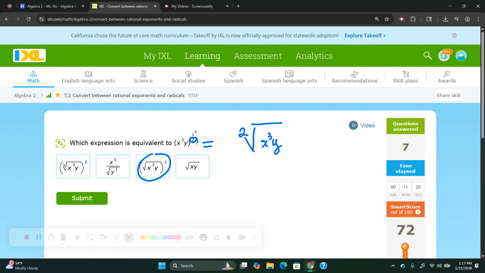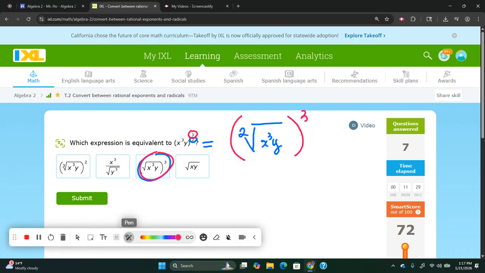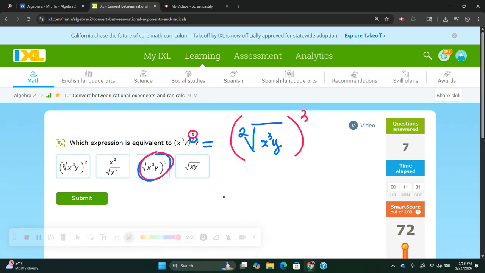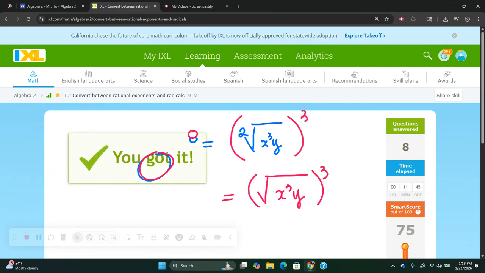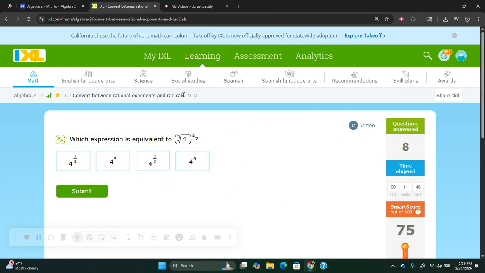It should be the power outside; it could also be the power inside. It's up to you. So it's matching this option. And for the square root, you don't have to write the number 2. So the square root of x power 3 of y, and then the whole thing power 3. Let's choose that option right there. Submit. Voila. Thank you so much, you guys.